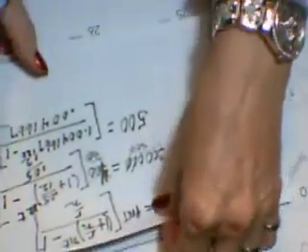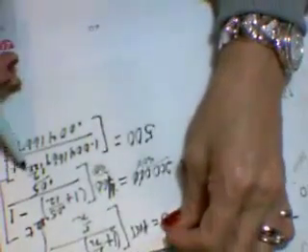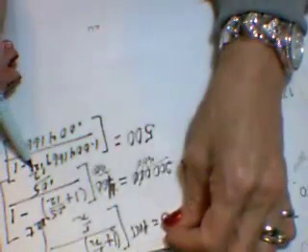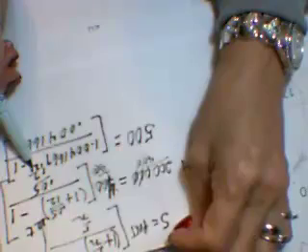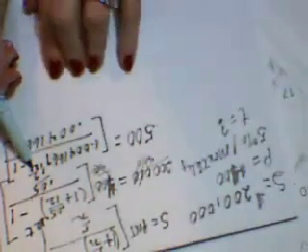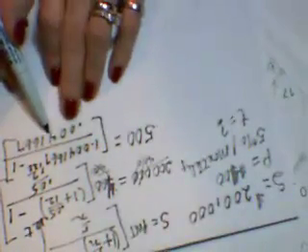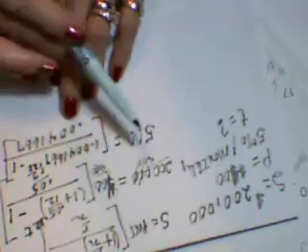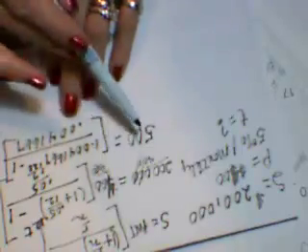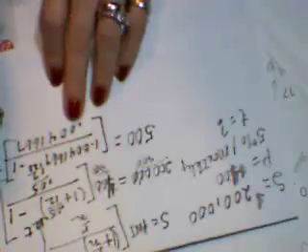Now, to solve this, remember the goal is to get t out of the power, get the variable out of the power. So I get rid of this denominator by multiplying both sides of the equation by the denominator.